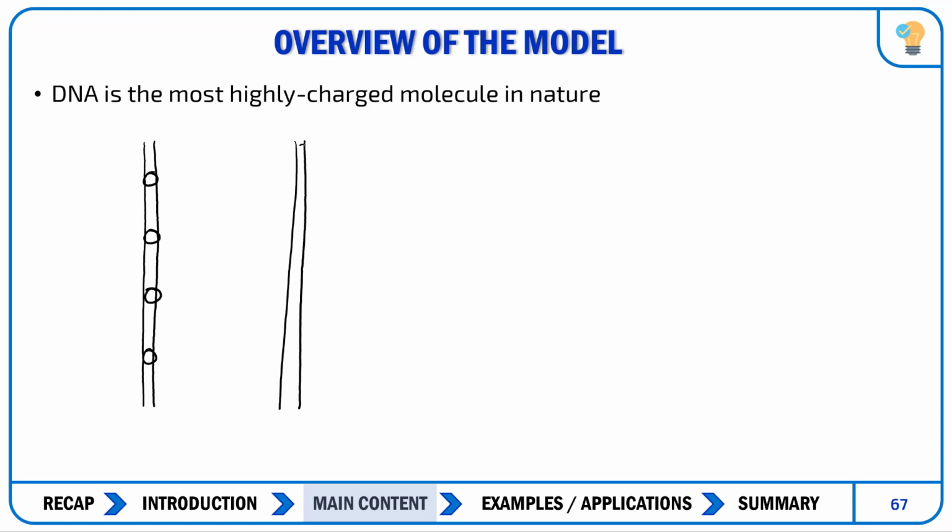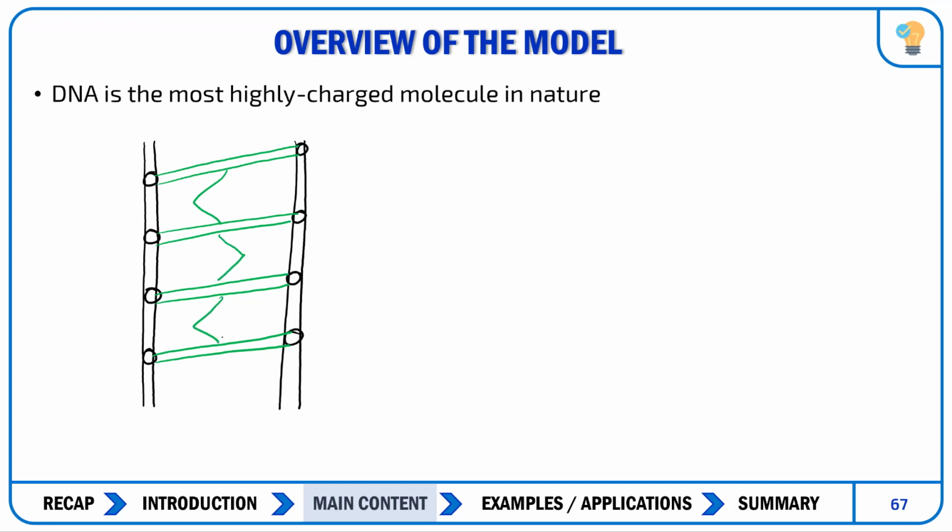Let's assume that you have some bases on each side, and those bases are going to be connected. So let's just assume we have one going here, so on and so forth, and continues.